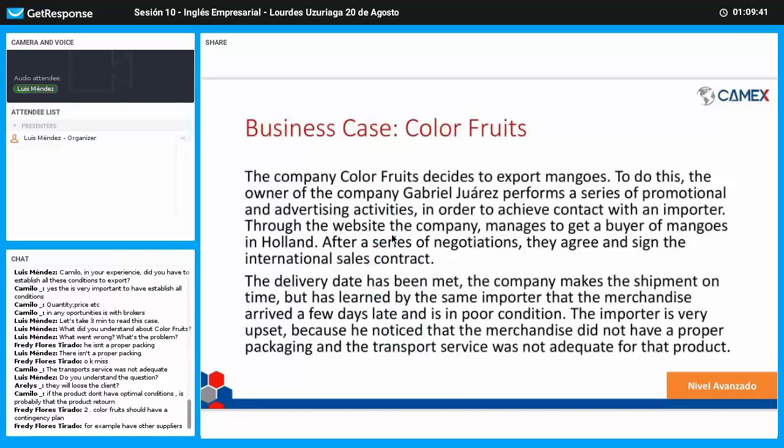And also we saw a business case about Color Fruits to discuss a little bit about what could happen if we don't plan, or we don't have a plan B, or we don't take advice from those who have more experience than us. Okay, that's why we are here. We are learning, we are practicing, and everything else.